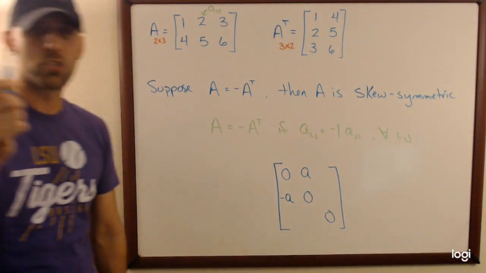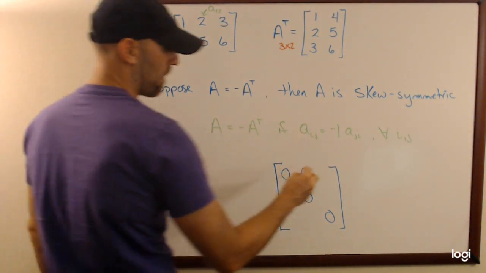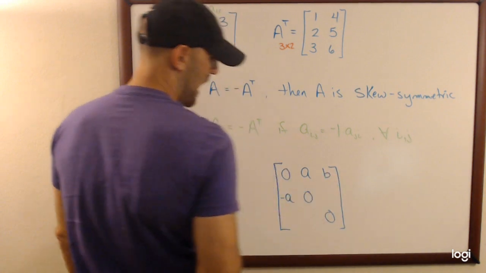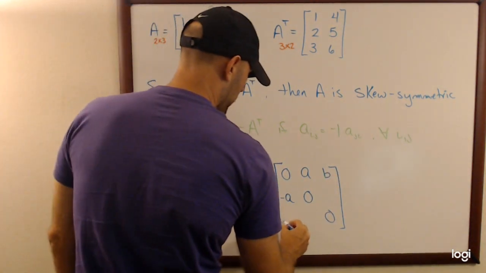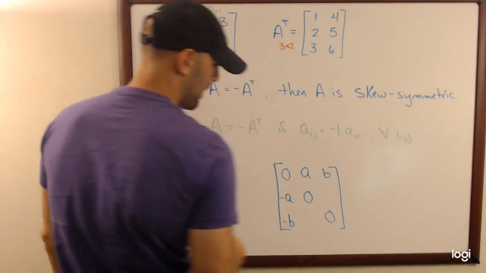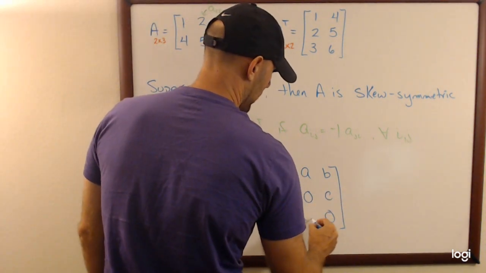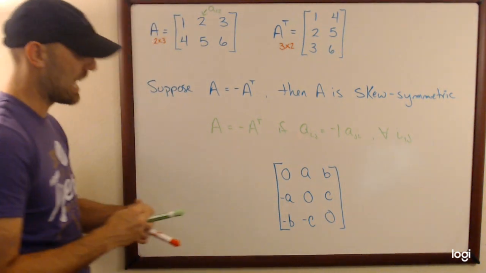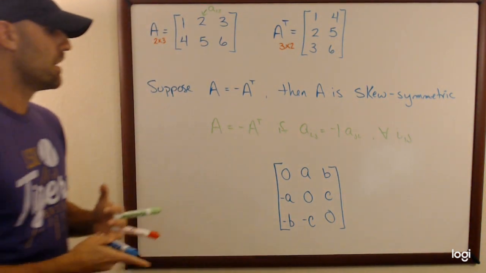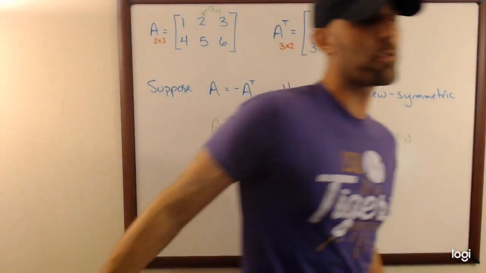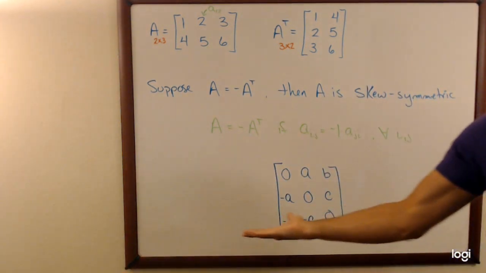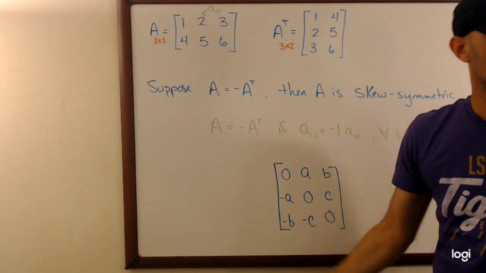Again, I lost a choice, right? If A13 is B, then 3,1 has to be negative B. And if 2,3 is C, then 3,2 has to be negative C. Okay? And these are all of your 3x3 skew symmetric matrices, right? They got to look just like this. Okay?